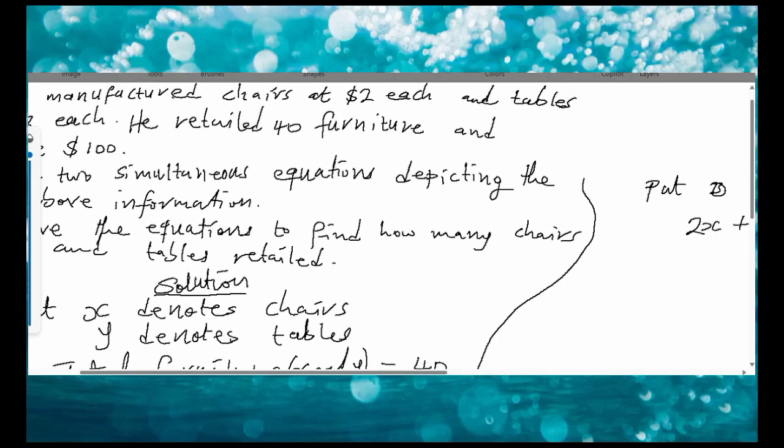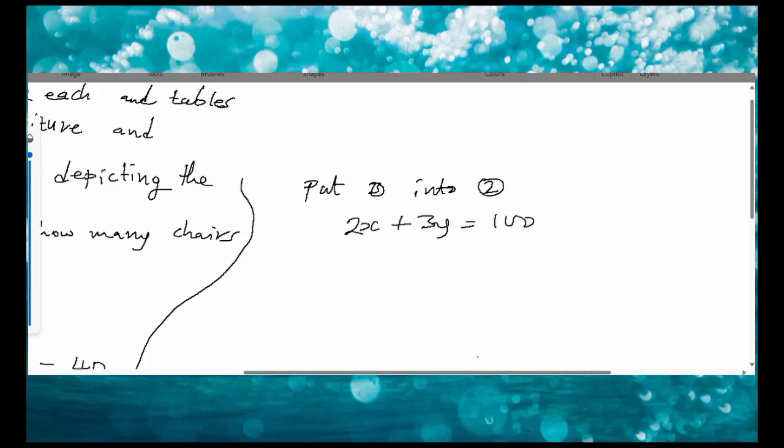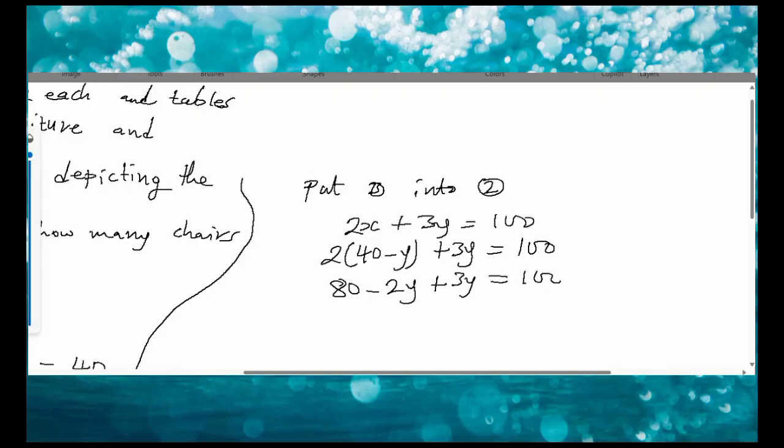So we have 2, in place of x, we have 40 minus y, plus 3y equal to 100. Then we multiply the 2 through. We're going to have 2 times 40, that is 80. 2 times minus y, we have minus 2y plus 3y equal to 100, right?